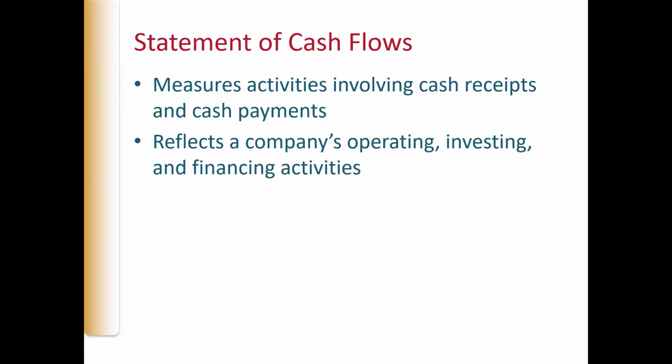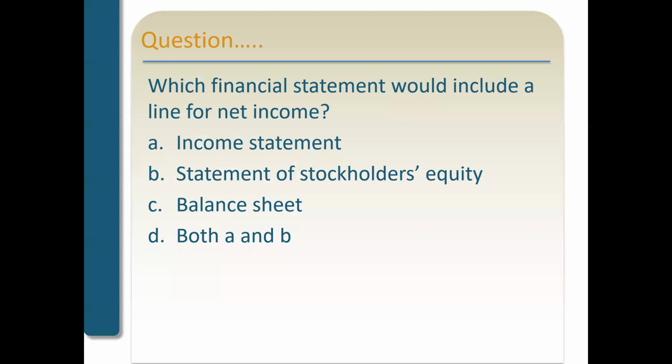We break it into 3 activities: the operating, the investing, and the financing activities of a company. So here's our little information to help you. As far as this question, which financial statement would include a line for net income?